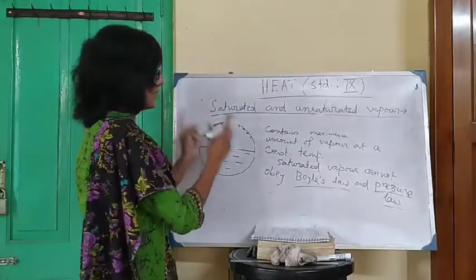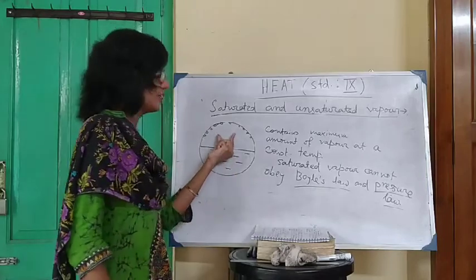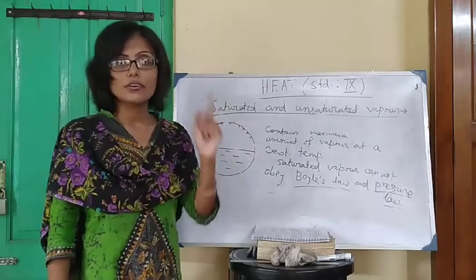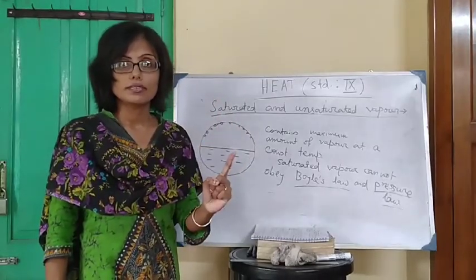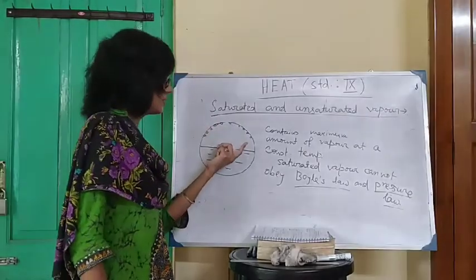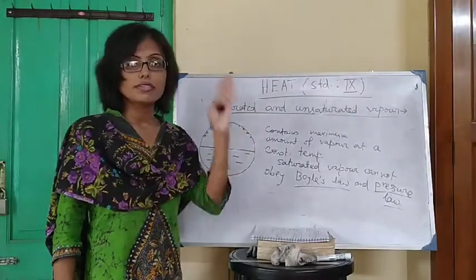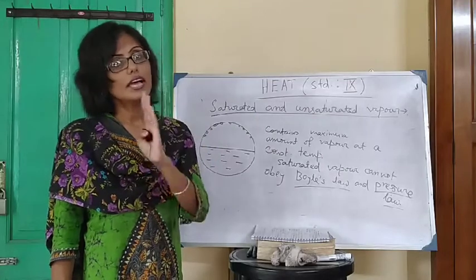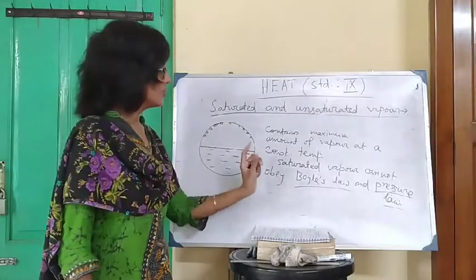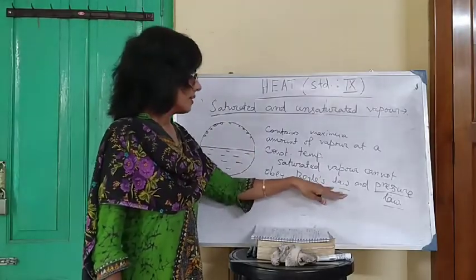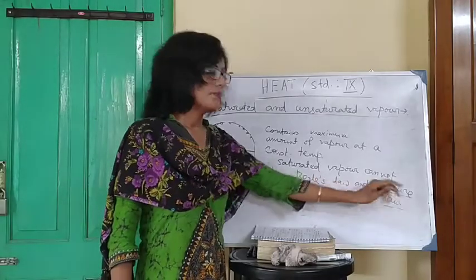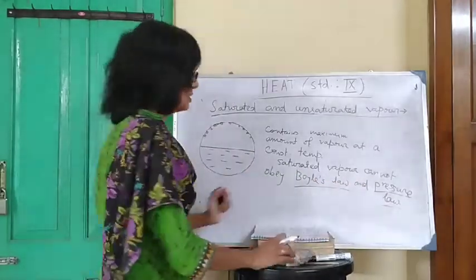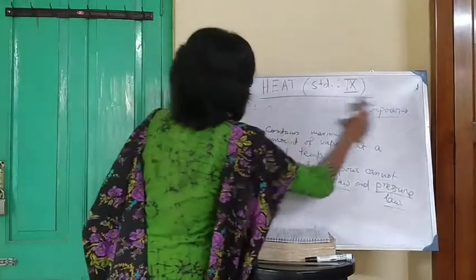In case of unsaturated vapor, the pressure of vapor is less than the vapor pressure at the constant temperature. And in case of saturated vapor, the pressure of the vapor is equal to the vapor pressure at that constant temperature. Unsaturated vapor obeys Boyle's law and pressure law. Understood?